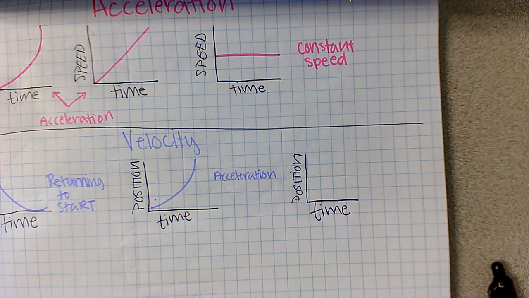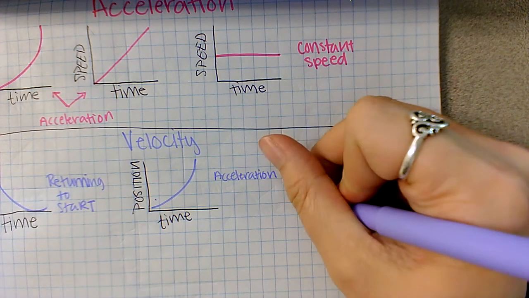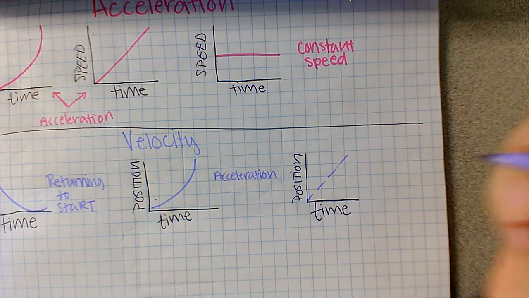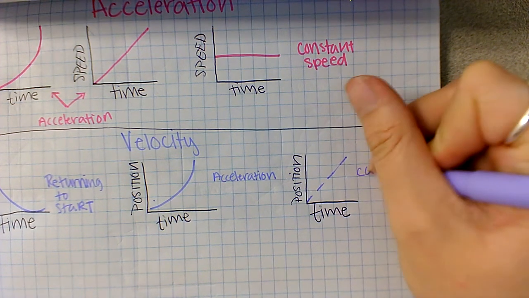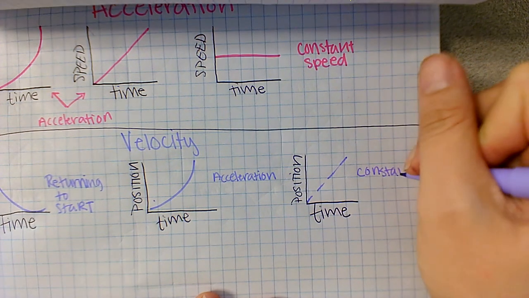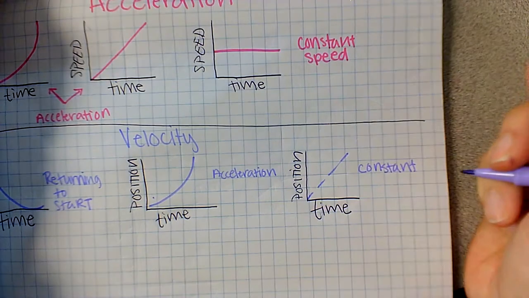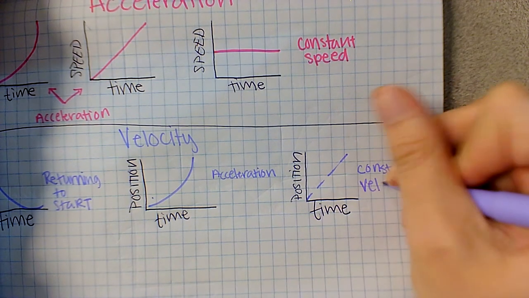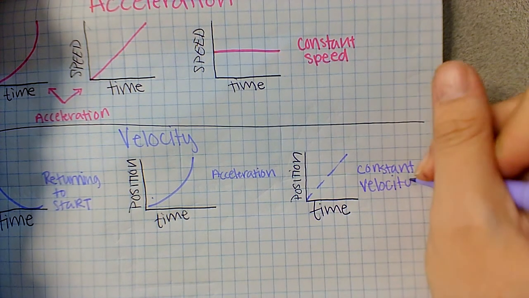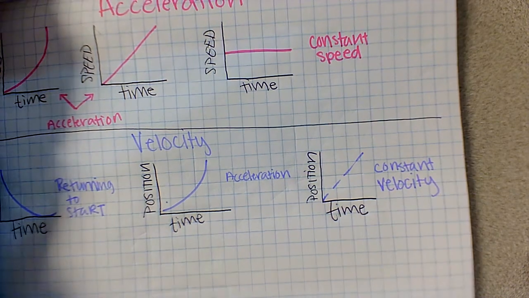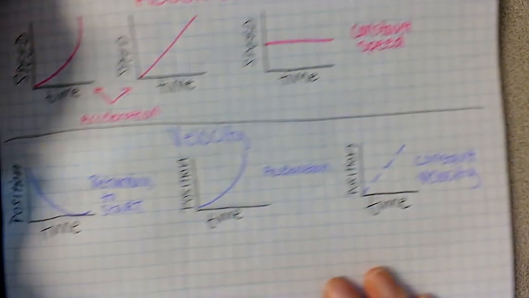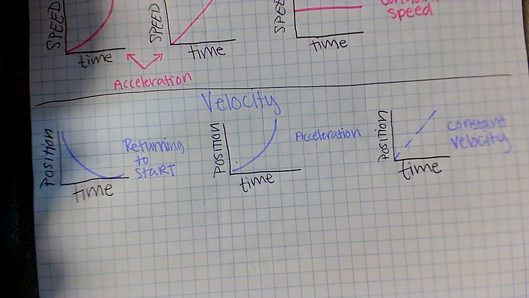Position over time. And what you're going to do is, this could be a straight line, or this one is a constant velocity. Remember, velocity is speed with a direction. Okay?